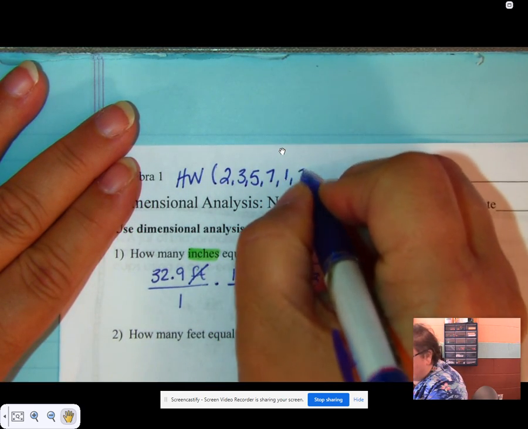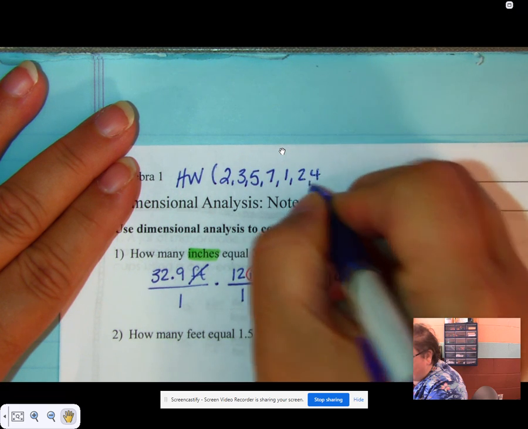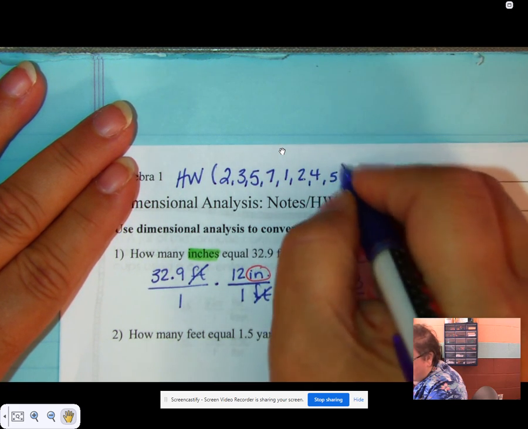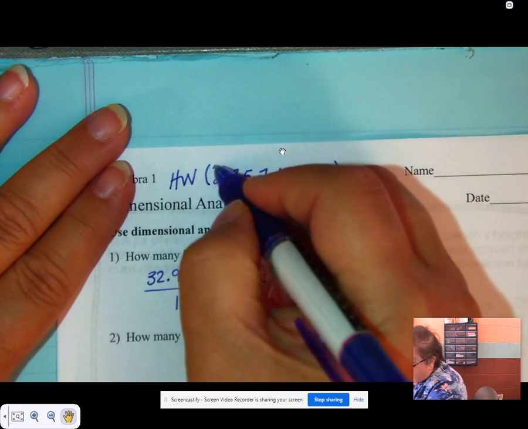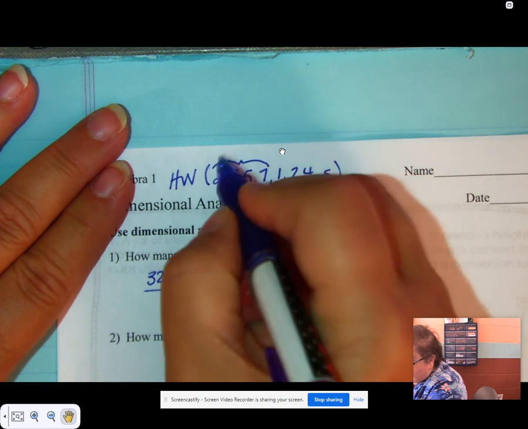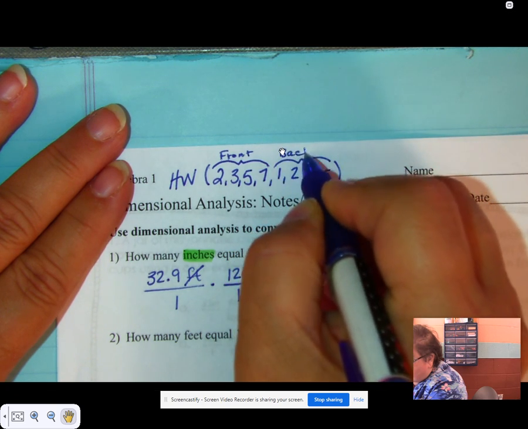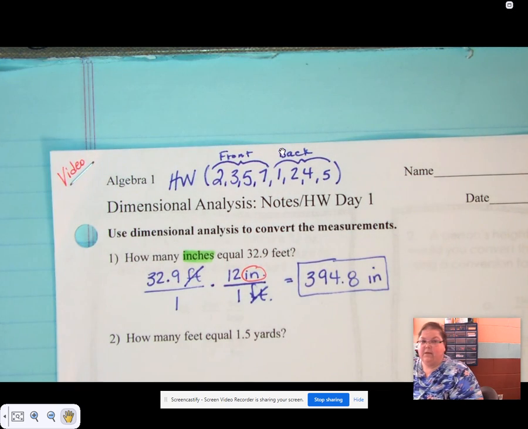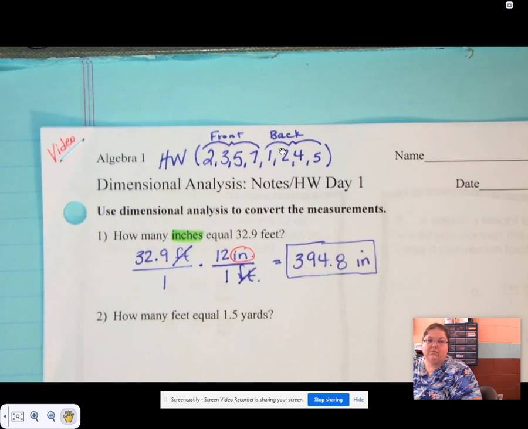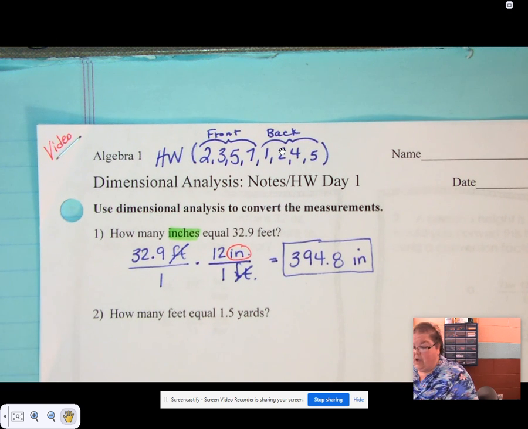This is the front. This is the back. Okay? So this is what I want you to do for homework.